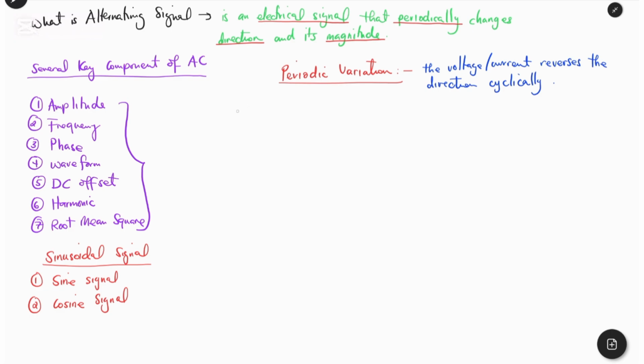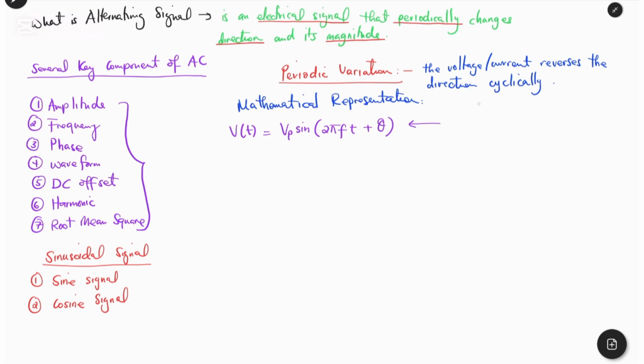Since I will explain the periodic variation and all these components using a sinusoidal signal, now I will give you the mathematical representation of this signal. And we have V(t) equals Vp sine(2 pi f t plus theta).